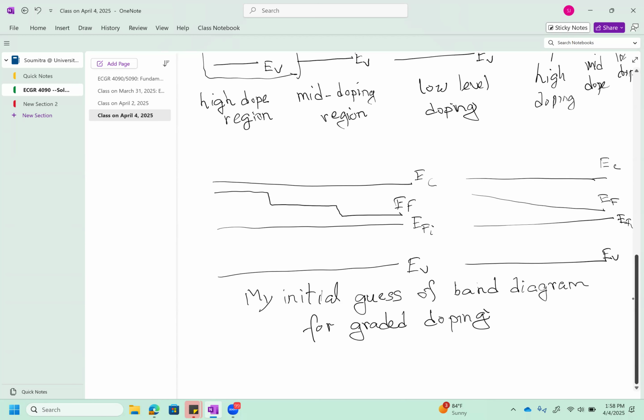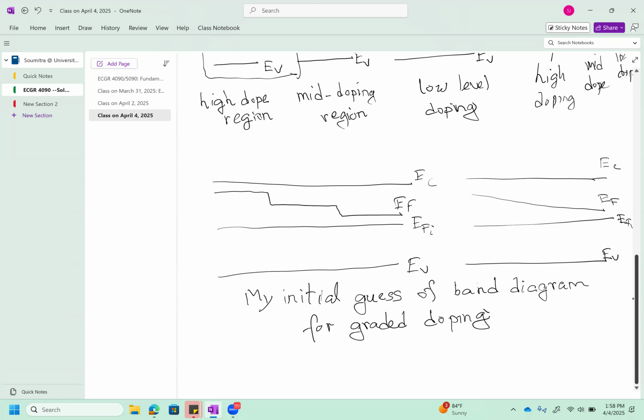Now, is it correct? There is a problem in this diagram, and the problem is the following. The Fermi level basically tells you whether an electron goes from the left side to the right side or the other way.